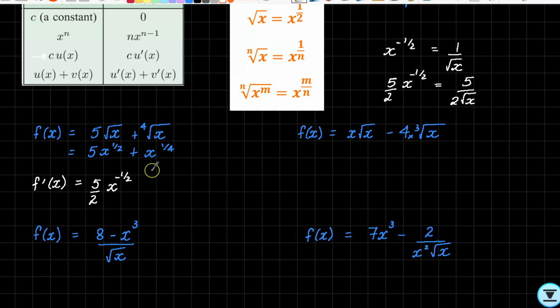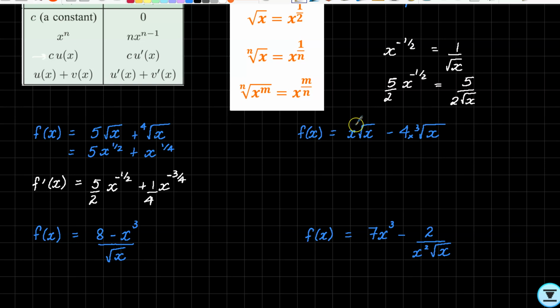Anyway, carrying on. A quarter out the front. Okay, and then we have to take away 1. So a quarter take 1 is minus 3/4. Don't simplify, we're done.